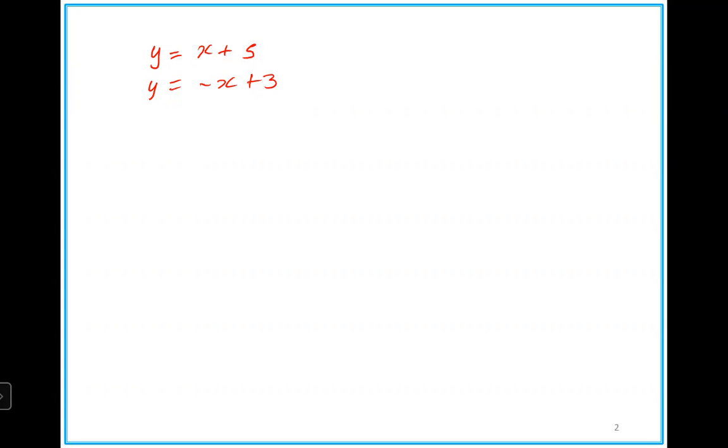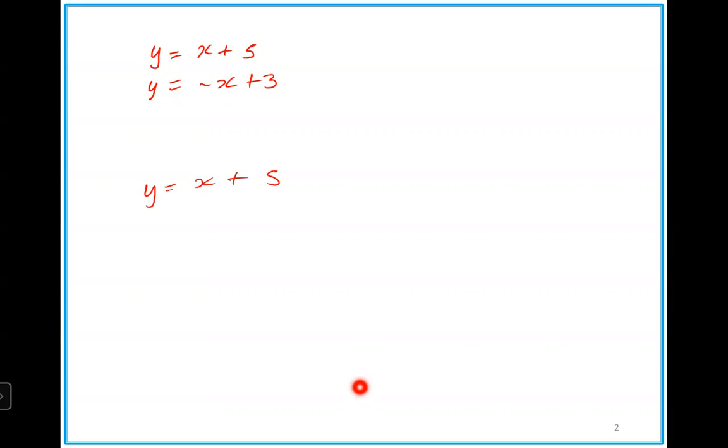And when we were doing it last time, we saw where graphing was not very accurate at times. And so that's why today we're going to move on to look at more accurate ways to solve system of linear equations. But if you were using the graphical method, for the first one, y equals x plus 5, you're going to find the value of x when y is 0.